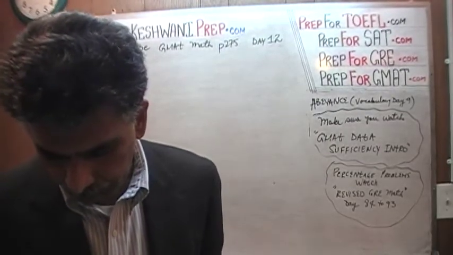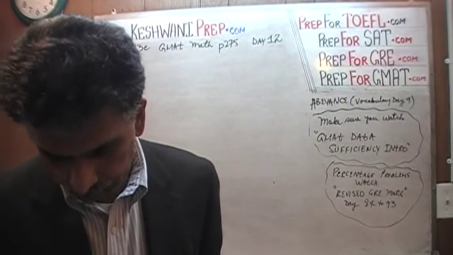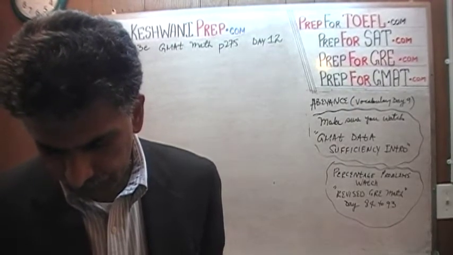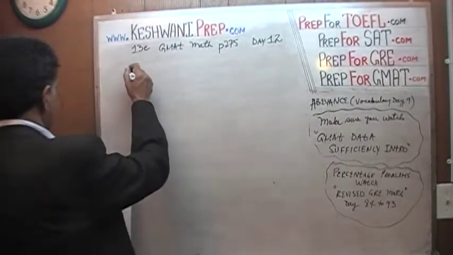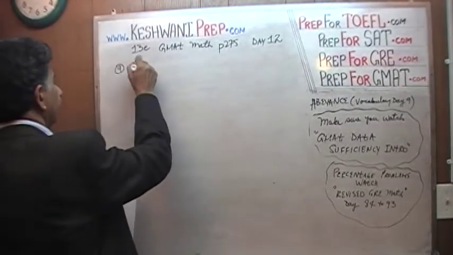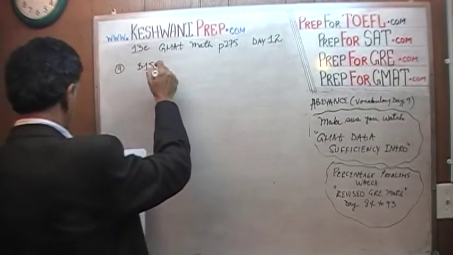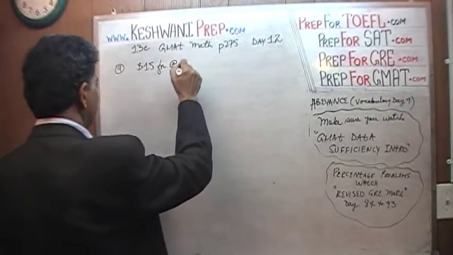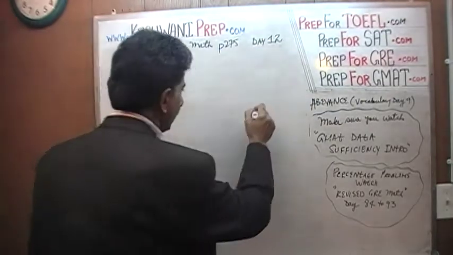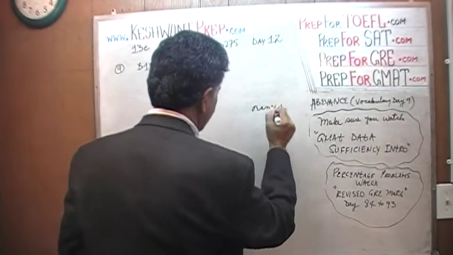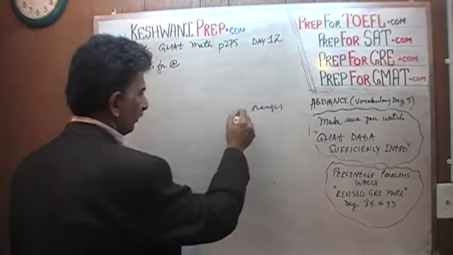It says a citrus fruit grower receives $15 for each crate of oranges. Now listen carefully. I don't want to use O for the oranges.